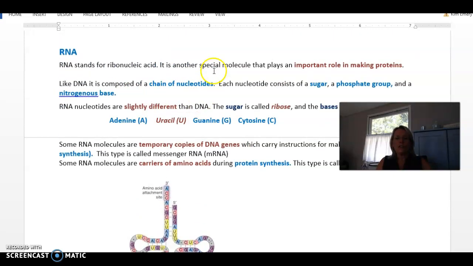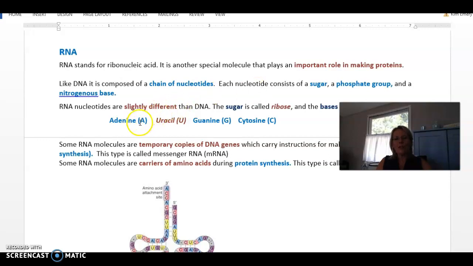So just like with DNA, RNA is made of these nucleotides, just like you saw before. But the difference is that the sugar in RNA is called ribose sugar, not deoxyribose. It's still a 5-sided sugar, but just a little different. It also has a phosphate group, and it also has a base coming off of it. But the bases in RNA are similar but different.